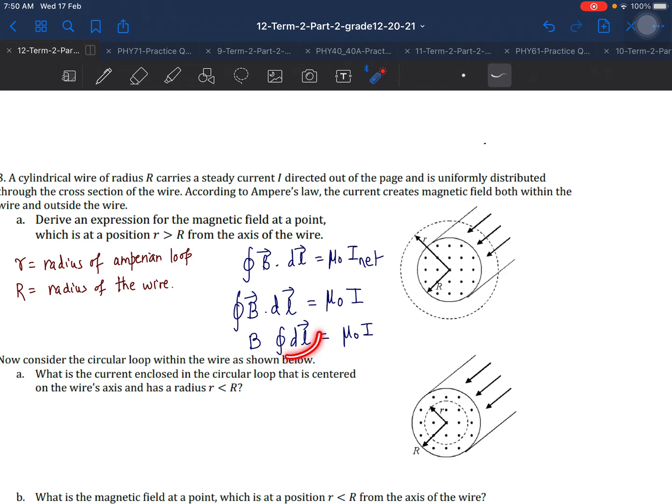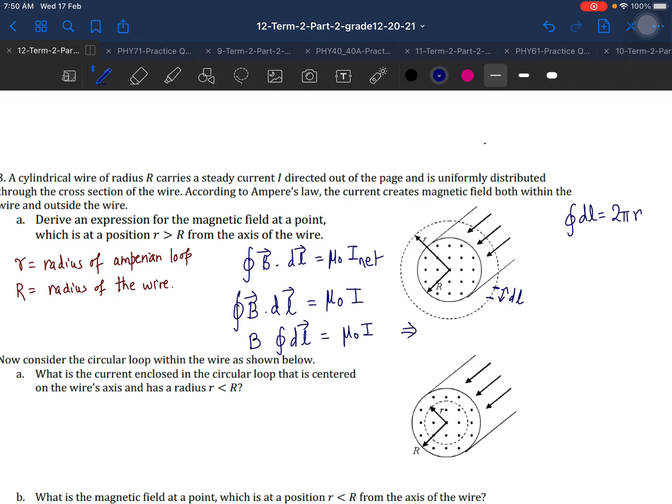Now when we do the integral of dl, what does that mean? dl is actually a small length of the Amperean loop. So if I do the integral of dl, I'm going to get the circumference of the Amperean loop, which is equal to 2 pi small r.